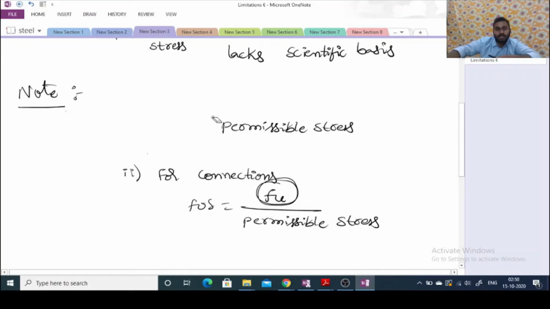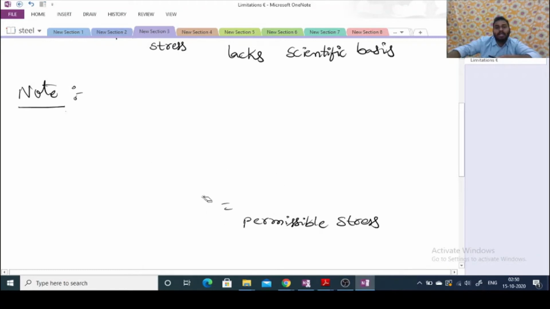Now, let us see the second point. As already we have seen the permissible stresses as per IS 800 1984, now those permissible stresses are increased in some situations. What are those situations? Let us see here.